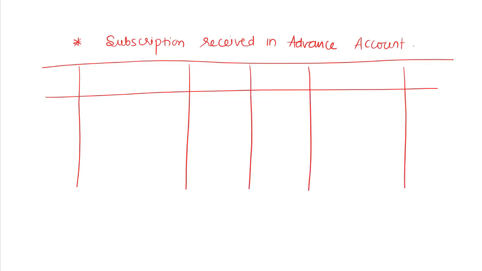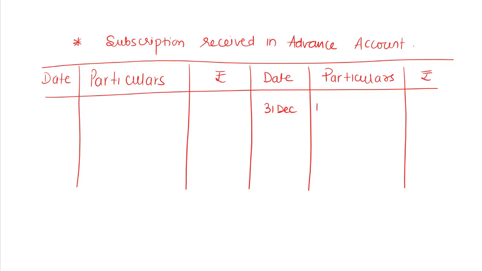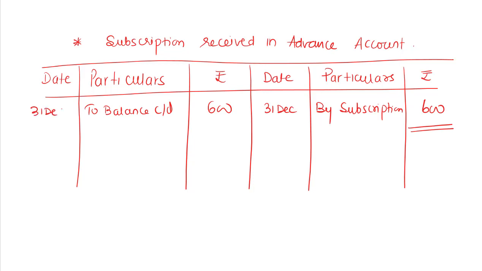Date, particulars, amount. 31st December by subscription 600, to balance carried down 600, 31st December.